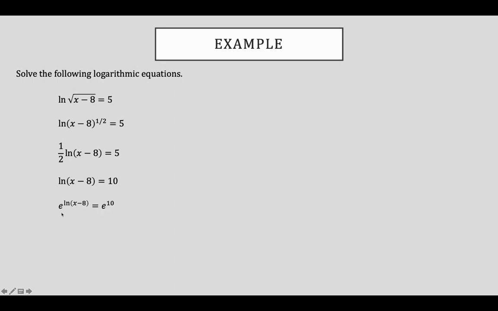This leaves me with e to the natural log of x minus 8 is equal to e raised to the 10th power. Now, again, exponentiation, that just means to make an exponent, right? I made the whole left-hand side an exponent, and I made the whole right-hand side an exponent. Again, not breaking any rules of algebra. If I do it to the left-hand side, I have to do it to the right-hand side.